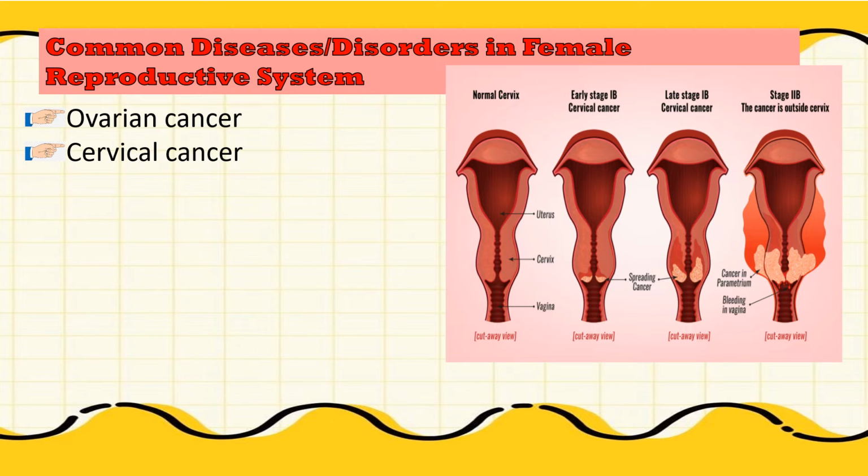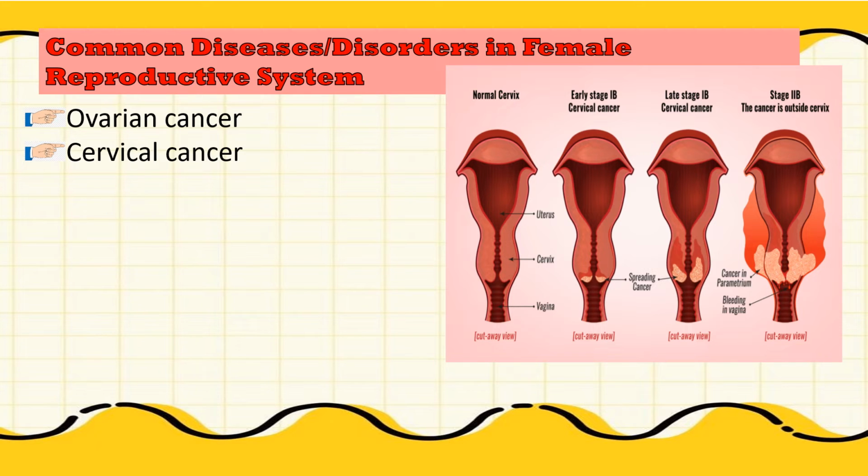Kaya medyo hindi siya napapansin kasi pag nasa early stage pa siya, walang masyadong discomfort na nararamdaman. But as it progresses, kumakalat yung virus, kaya doon na nakikita yung pagkakaroon ng cervical cancer.